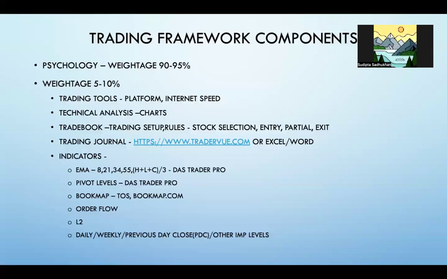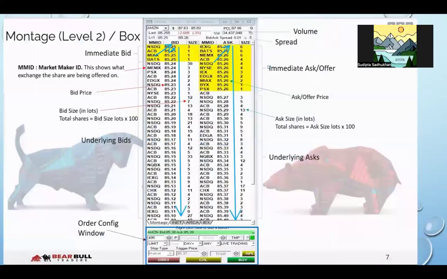But intraday trading is mostly about trading psychology, how we are dealing with emotions, feelings, greed. We'll talk about a few things in this session on trading psychology as well, but we mainly need to work on the psychological aspect if we want to be a successful intraday trader.